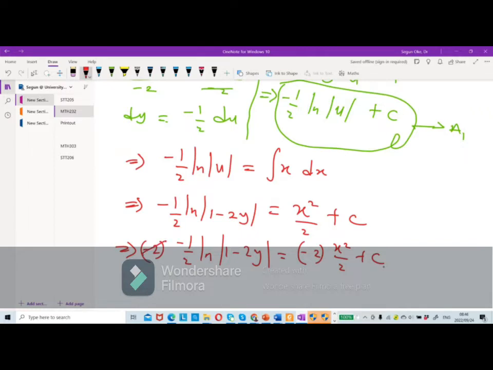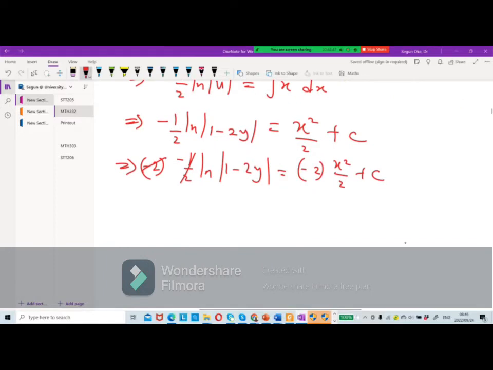So this one will cancel this. So we have ln 1 minus 2y equals negative x squared plus c. You discover that I didn't bother to multiply c by 2, because I know anything multiplied by a constant will still give you a constant. It's still c.